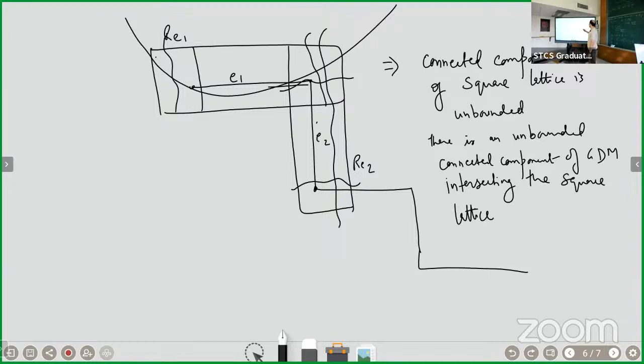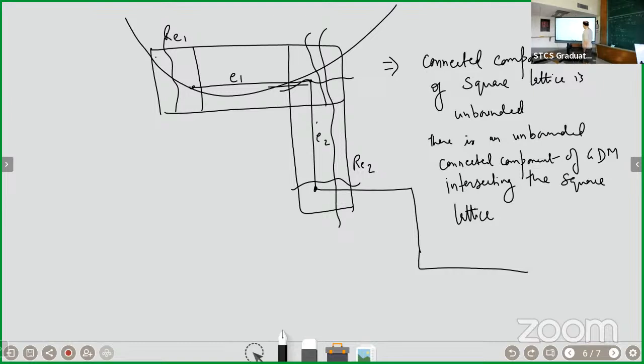Initially, all we assume is that the Gilbert disk model percolates. That does not mean that it has to have any connection with the way the square lattice is percolating. But by defining this event A, we are saying that the connected component is of this type. So if the square lattice percolates, definitely the overlapping, you can call it overlapping or intersecting, Gilbert disk model also has an unbounded connected component. There could be more which is all coalesced somewhere, but this also exists.